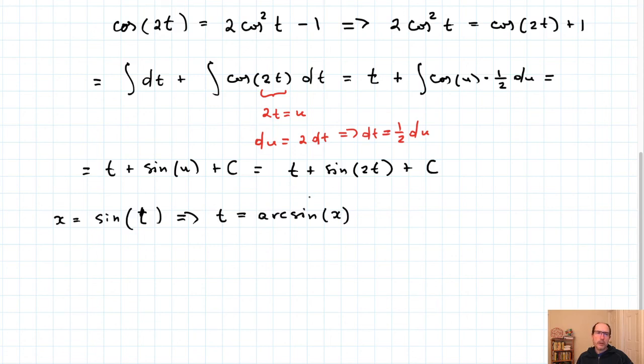So that's going to go into our final result instead of t. We also need to express sine of 2t in terms of x. One way to do that would be to again use a double angle formula from trigonometry, this time for sine. Sine of 2t equals 2 sine of t times cosine of t. And sine of t, that's our x.